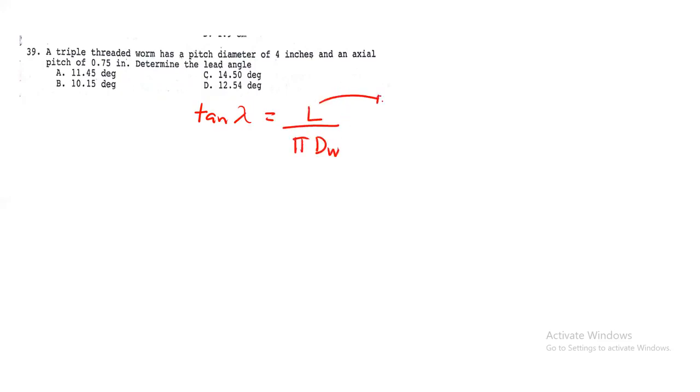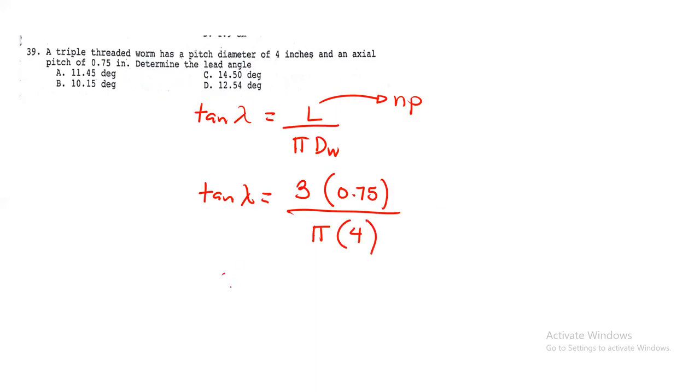So itong lead natin is N times pitch. So tangent ng lead angle is equals to N natin is 3, number of threads, times pitch natin na 0.75, divided by pi times diameter ng worm na 4 inches. So makuha natin lead angle dito is 10.15 degrees.